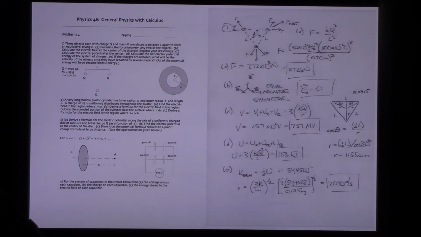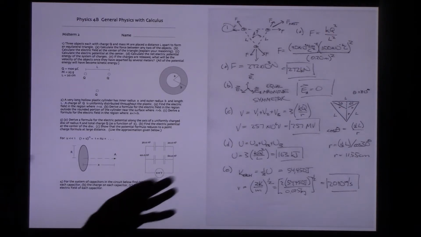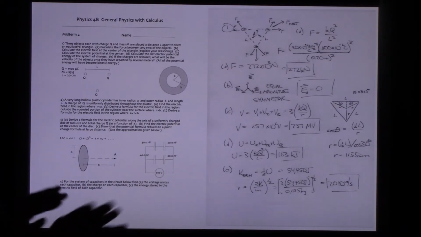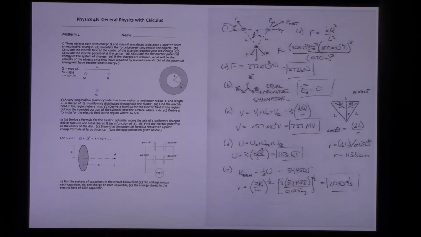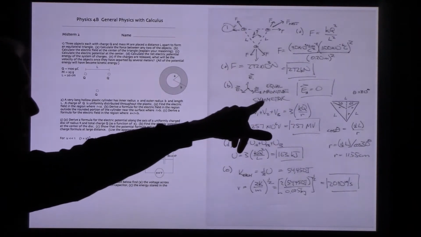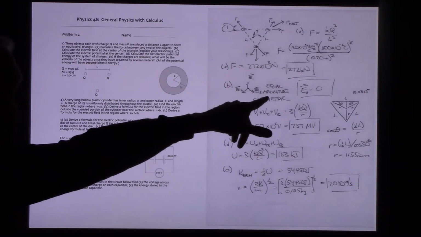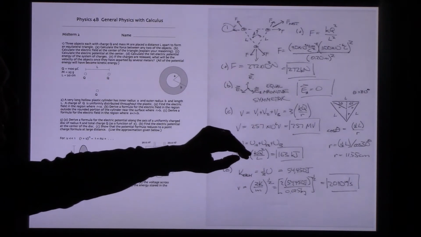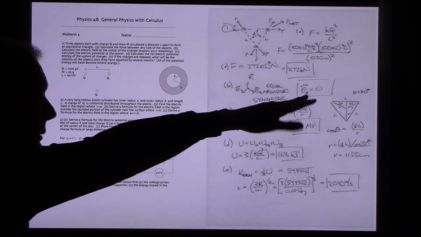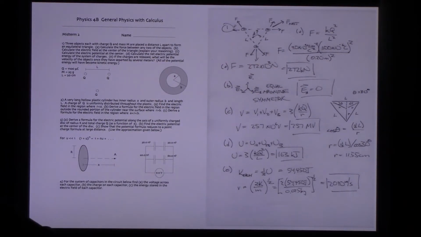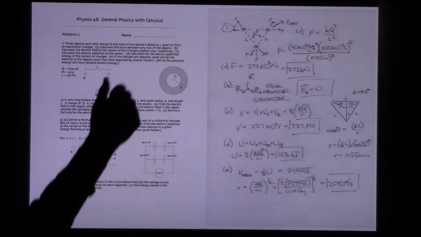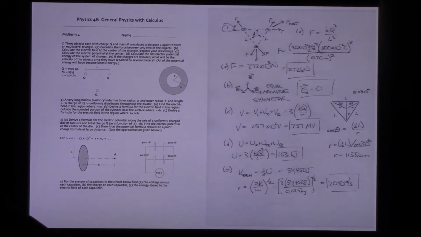So making use of the symmetry in a problem is an important skill that you want to be developing. If the symmetry's not there, don't make that assumption. But if it is, use that in solving the problem. So I made the symmetry argument, I drew a diagram, equal magnitude, evenly spaced, and just wrote down the electric field is going to be 0. But you do need some kind of an explanation, and that's what the diagram is doing.